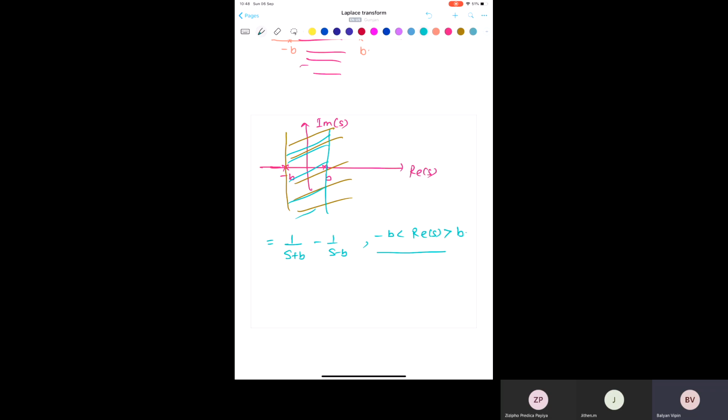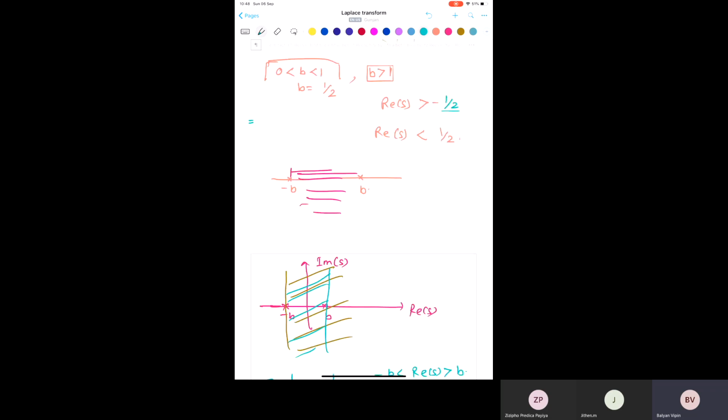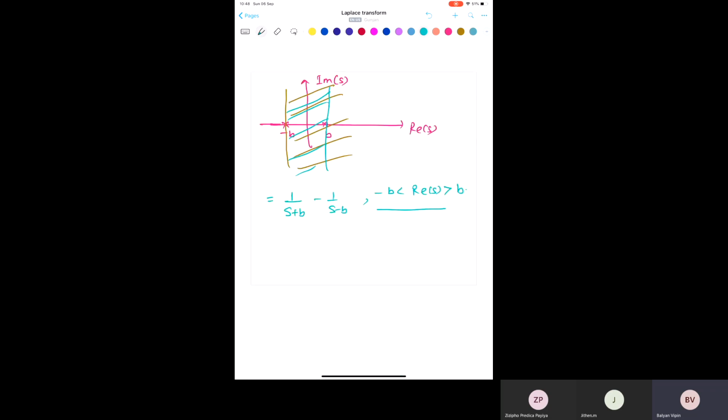Why did I divide it into 2? Because there will be some questions where you will find that this thing is going to affect a lot. We will come to those questions also. So always divide it in this form: that b is between 0 and 1, and then it is greater than 1. Okay.